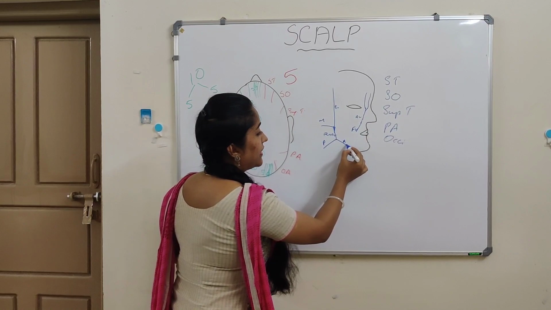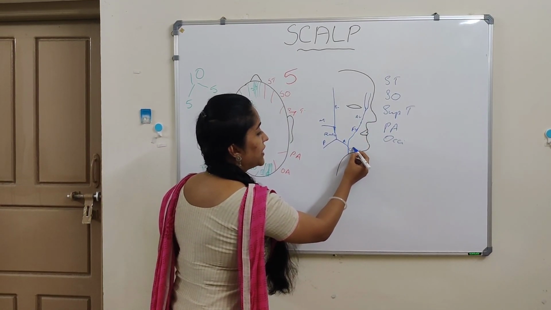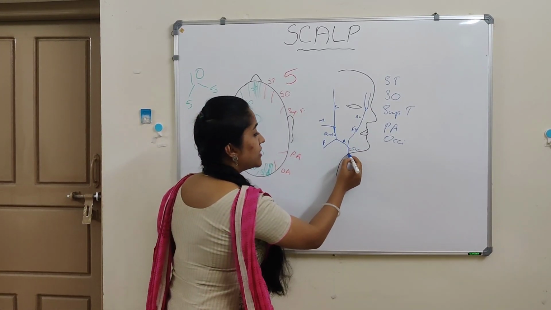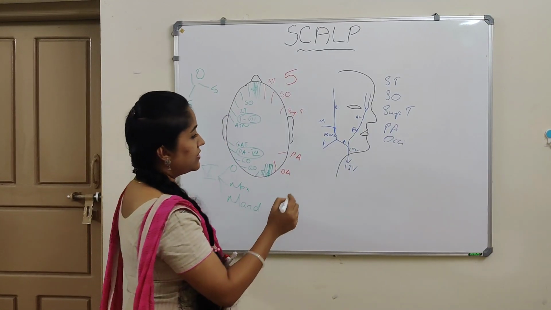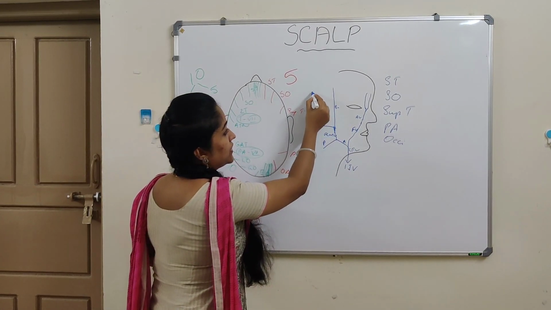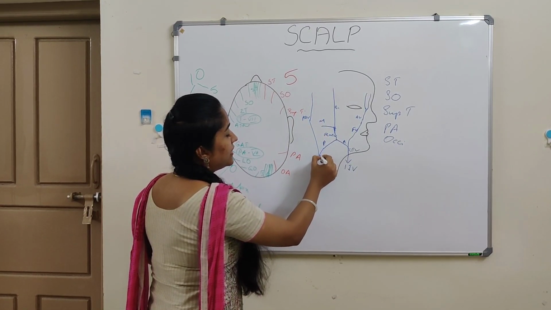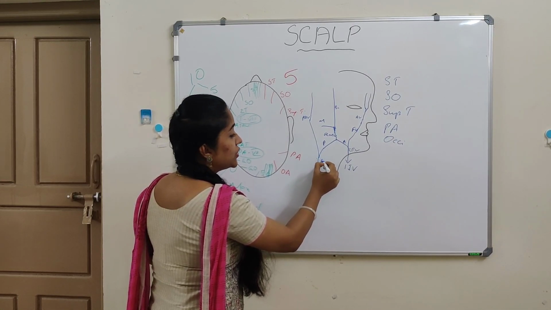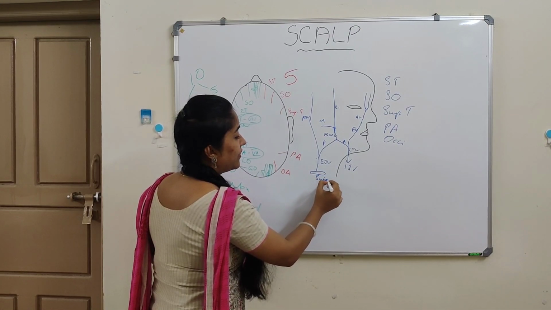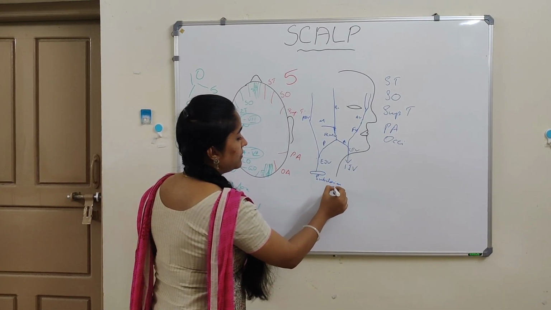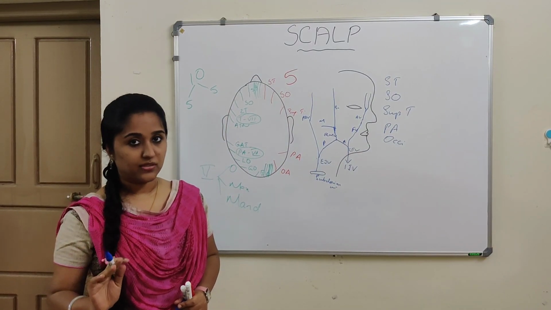The anterior division joins with the facial vein and forms the common facial vein, and this drains into the internal jugular vein, whereas the posterior division joins with the posterior auricular vein, and this forms the external jugular vein, which then drains into the subclavian vein. And the occipital vein drains into the suboccipital venous plexus.